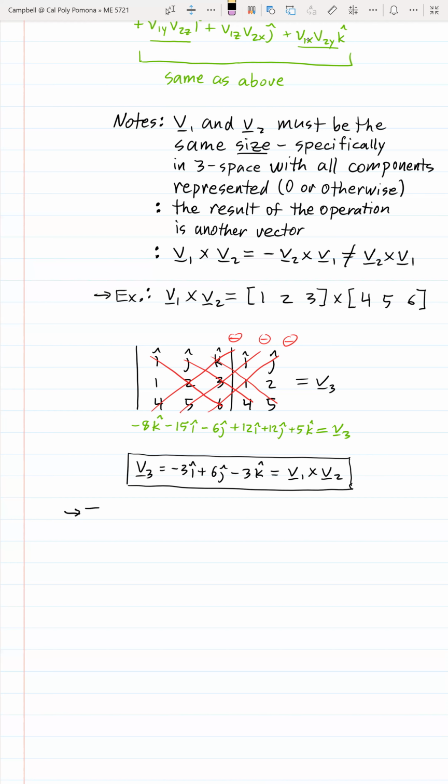So now let's go ahead and look at the interpretation of the cross product. Just like we looked at the interpretation of the dot product, we now have the interpretation of the cross product.